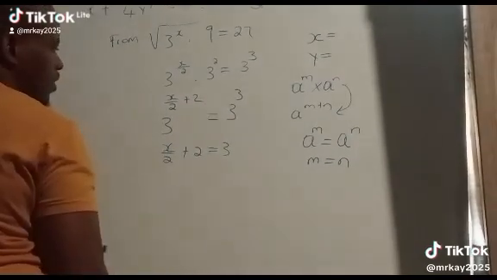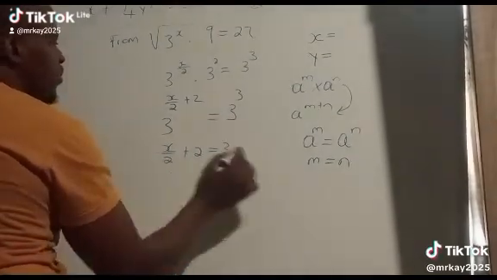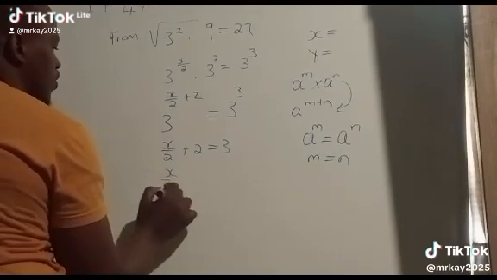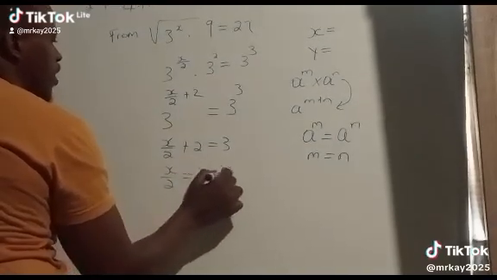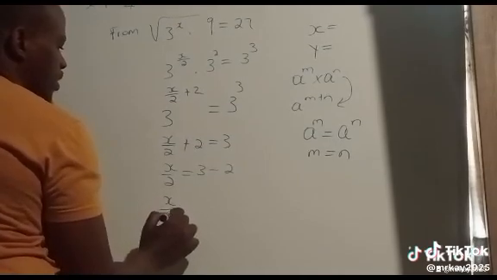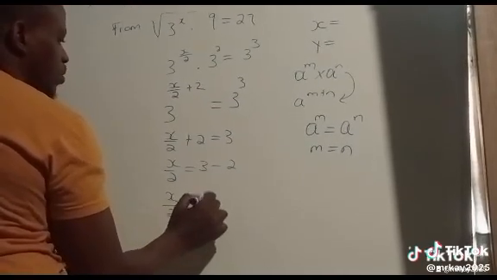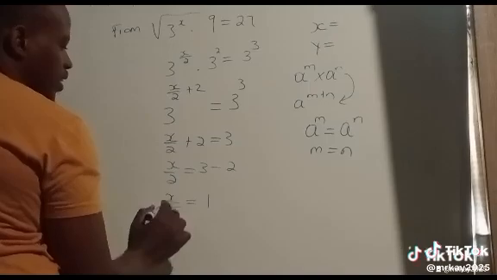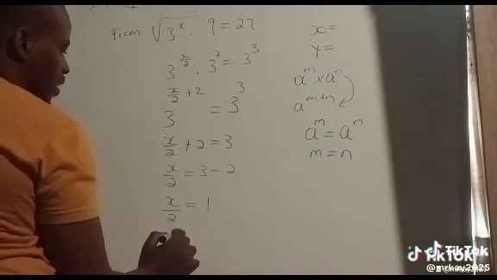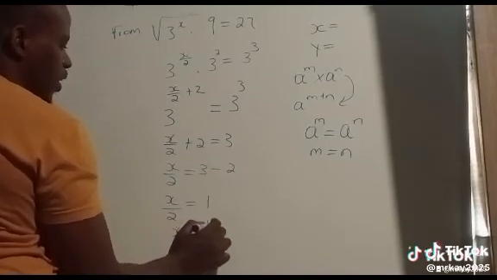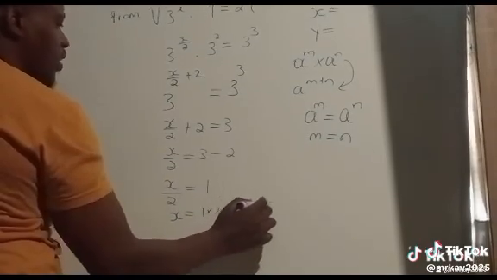Those are your exponents. Solving for x here means the 2 will go to that side. That means I've got x over 2 being equal to 3 minus 2, which means x over 2 is equal to 1. How do I kill a fraction? The 2 will multiply that side and become x equals 1 times 2, which gives you x equals 2.